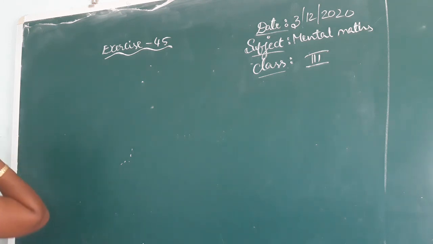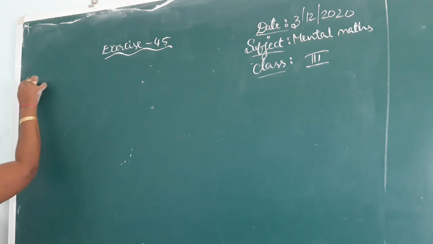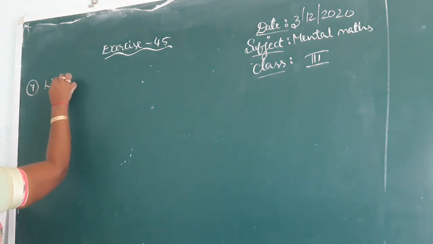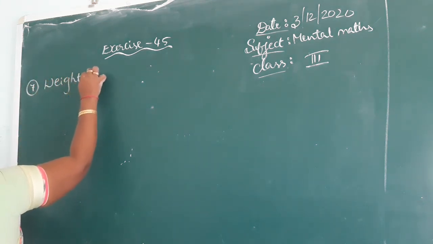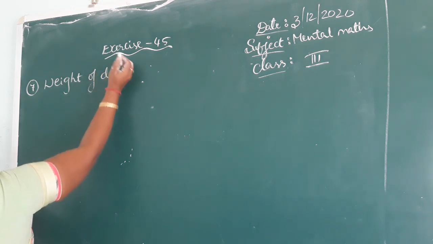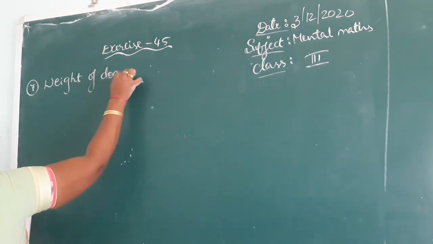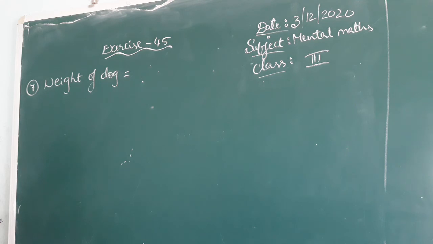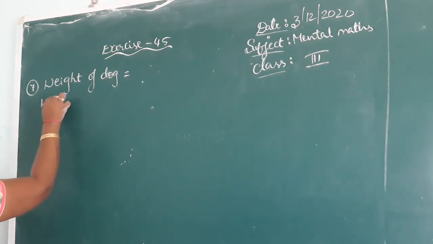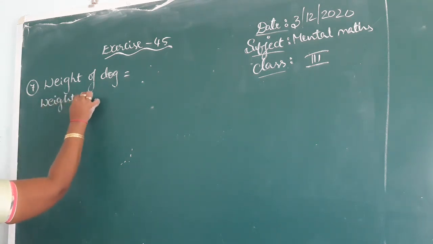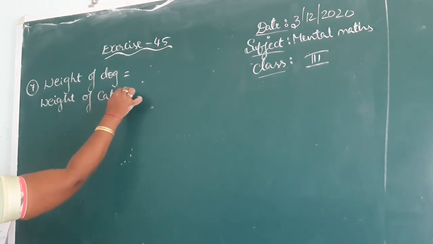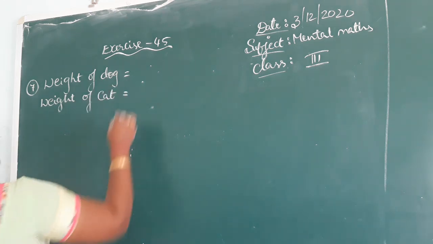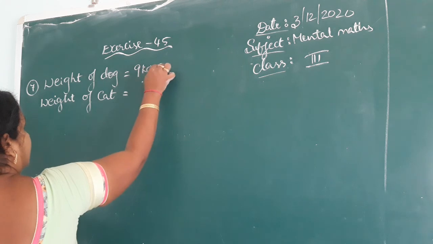A dog weighs and a cat weighs the given. How much more does the dog weigh? So what is the given data? Weight of dog is 9 kg 300 grams.